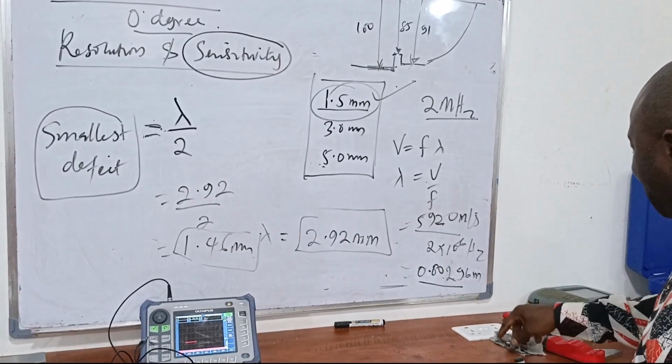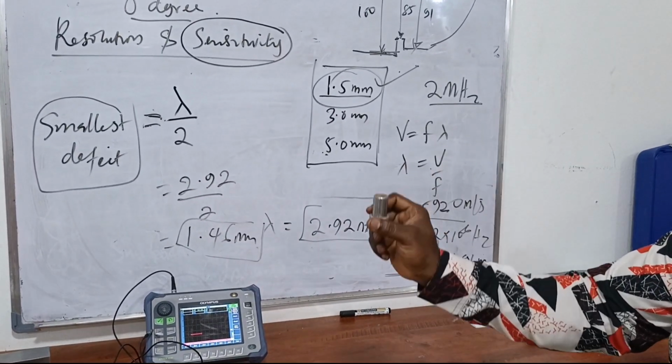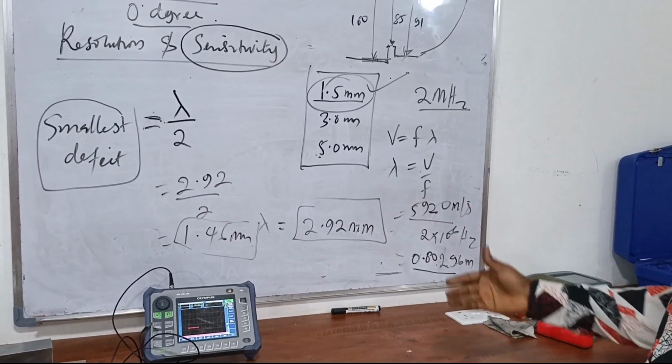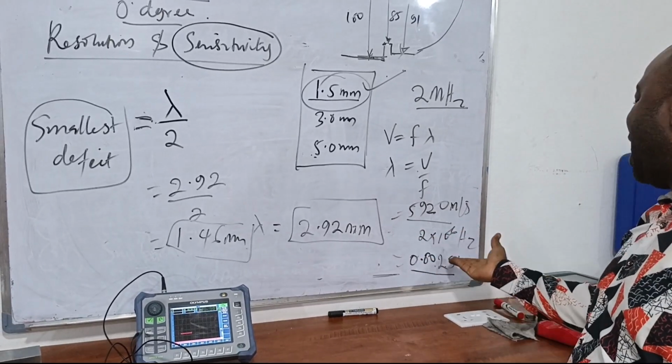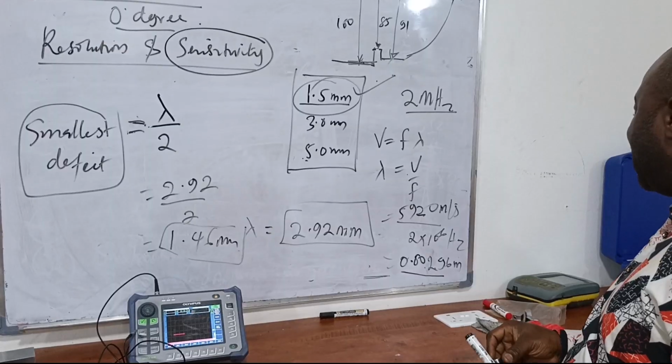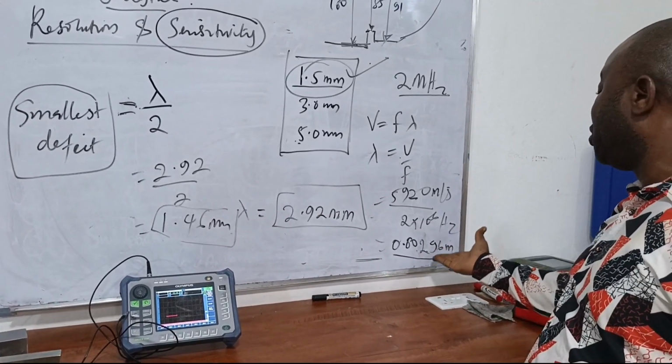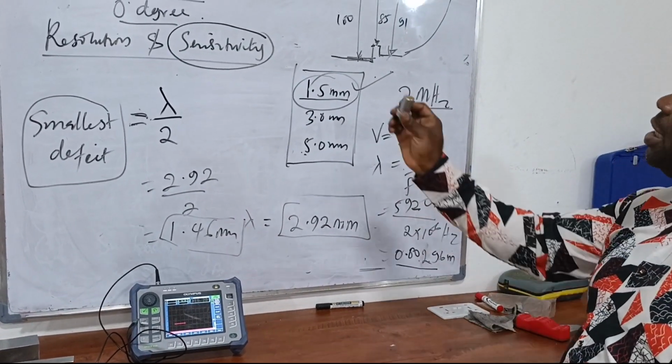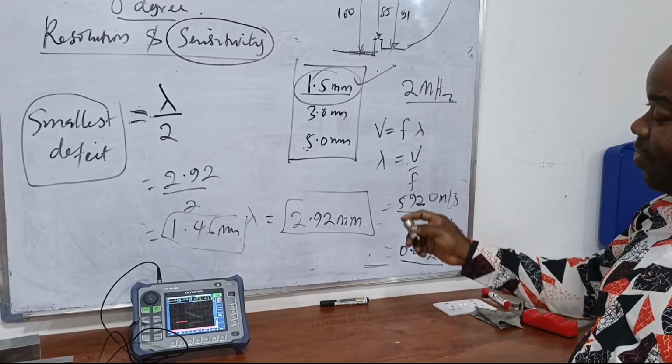So the same principle applies if I'm using my 4 megahertz. It's just to put this value of 4 in, and I'm sure this value is also going to change. And if you check that, we are going to get even a much lower value because this has a higher sensitivity.